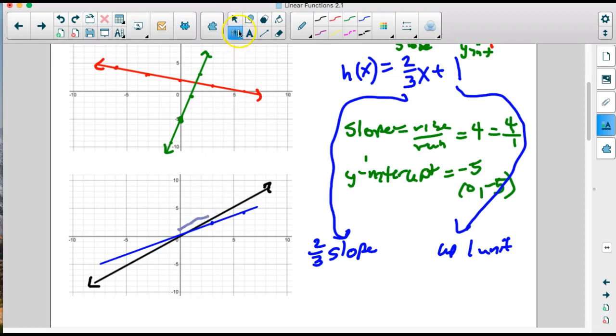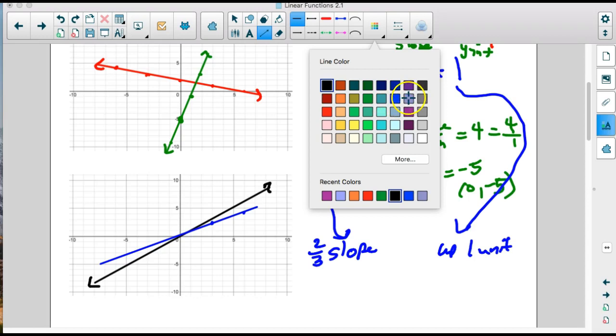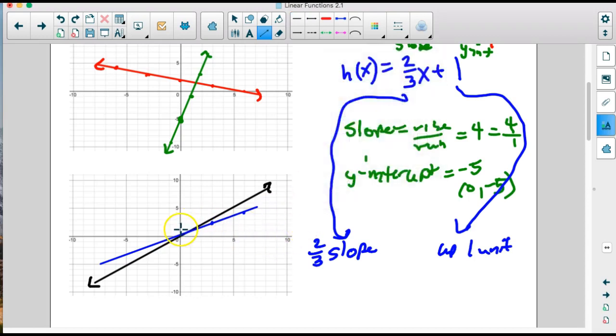Whoops, we're not drawing a line. Okay, so it would just come up 1 unit, so it would be parallel to the line that we have.